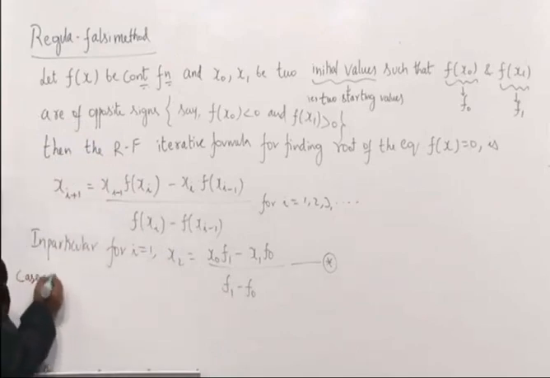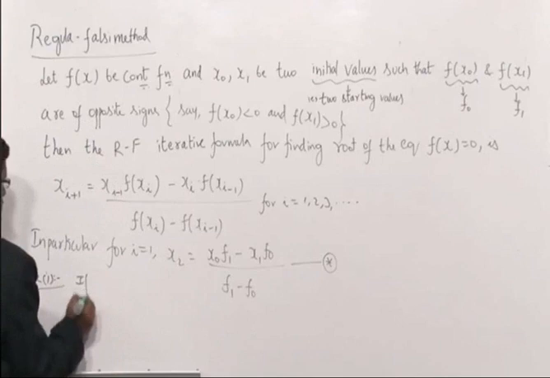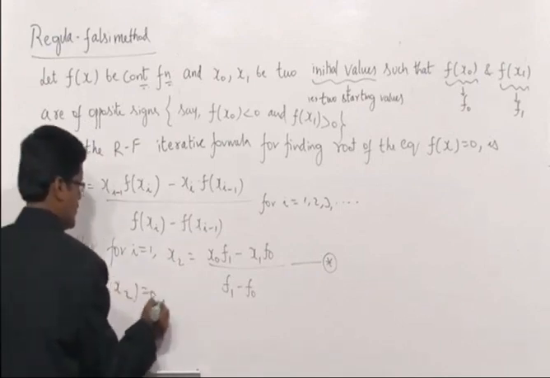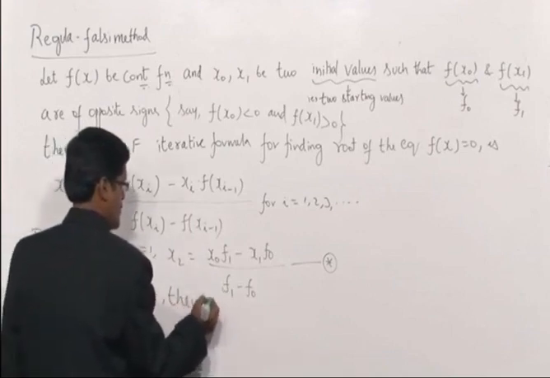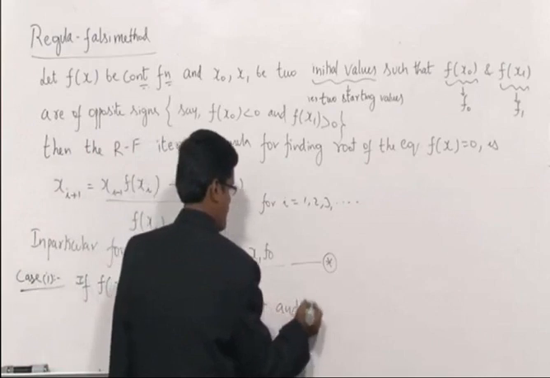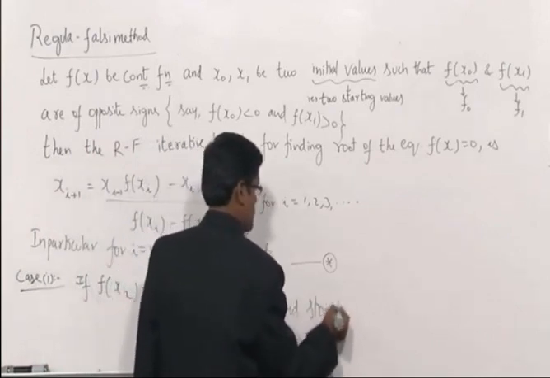Case 1, just like in bisection, if f of x2 is equal to 0, then x2 is the root and stop the process.